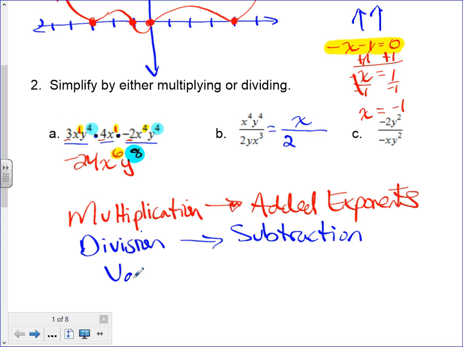Okay, so the variable, where do we put the variable? Yep. Where the higher exponent was.